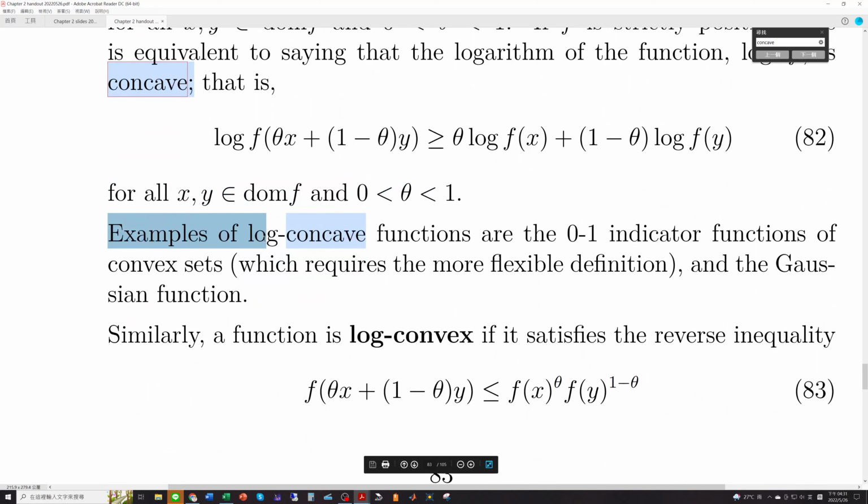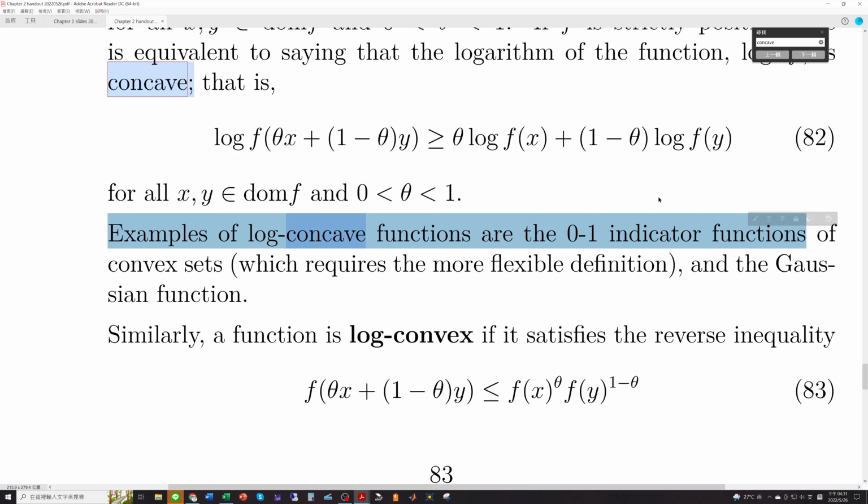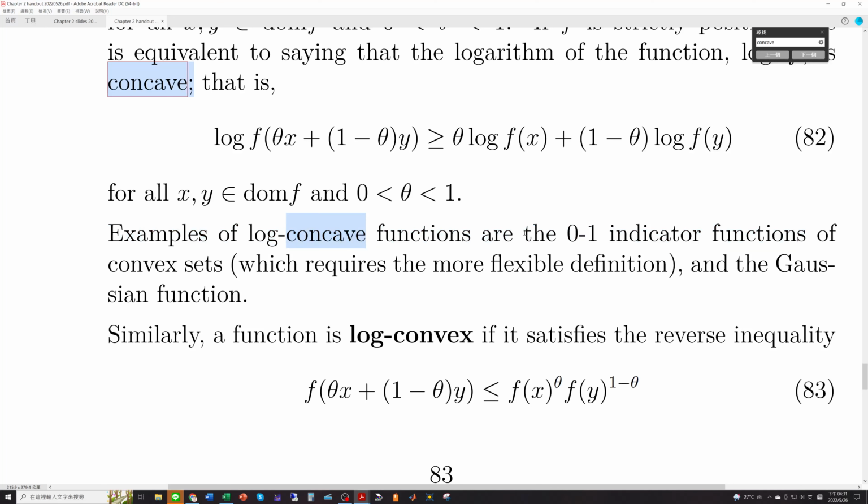Examples of log concave functions are the 0, 1 indicator functions of convex sets, which requires the more flexible definition, and the Gaussian function.